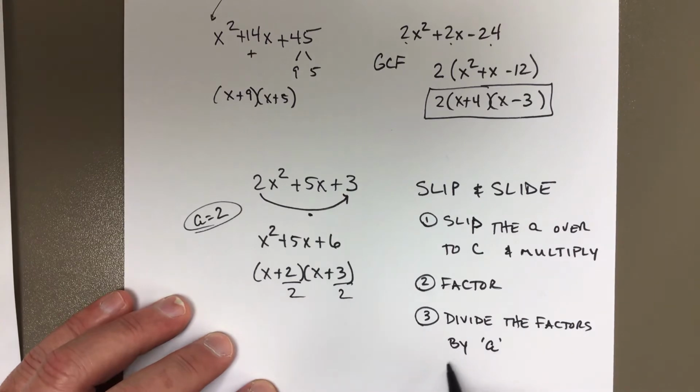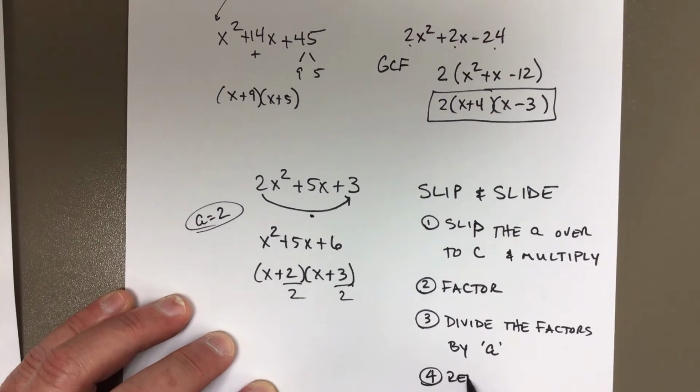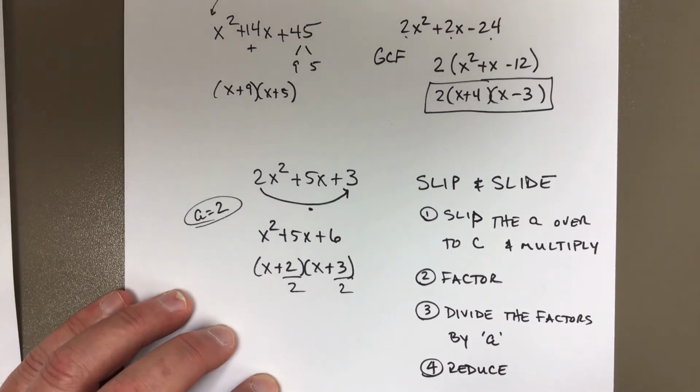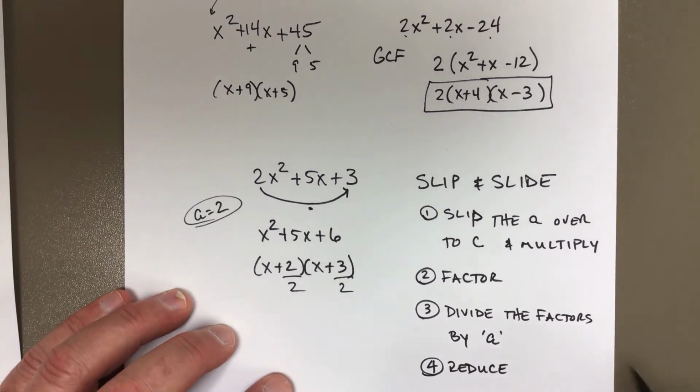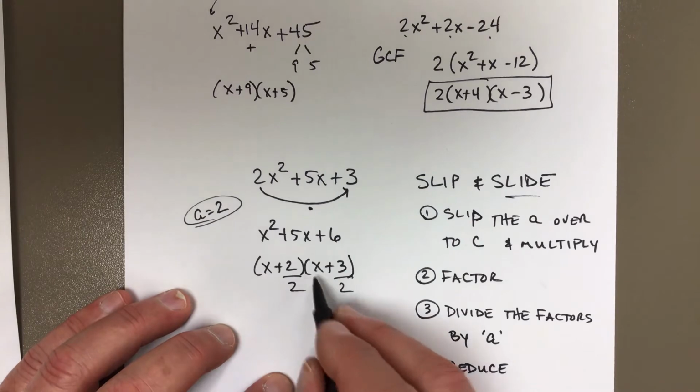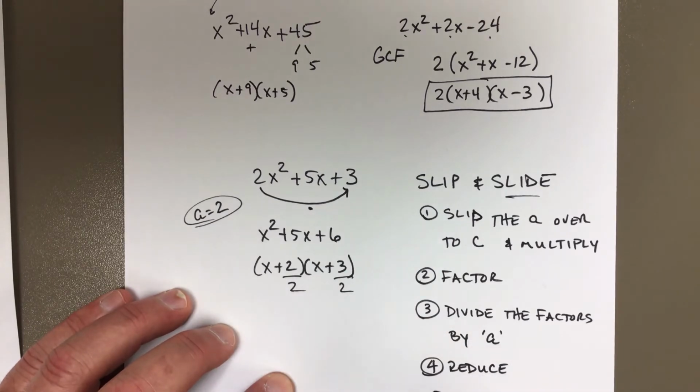Sometimes we can't divide them. Sometimes you also have to reduce. After you reduce, you slide the denominator up in front of the x.